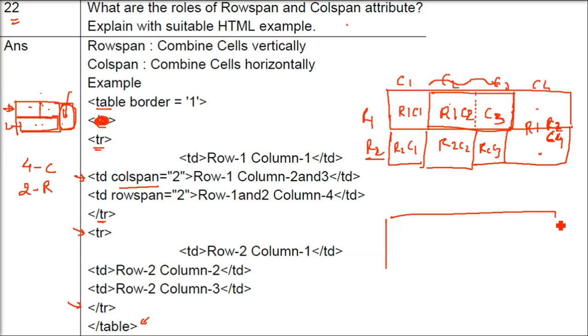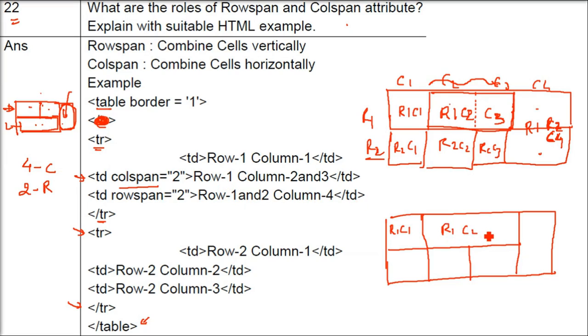So let me make it final, how this example is going to be seen. It will be like this. This will be row 1, column 1. This whole will be row 1, columns 2 and 3. This will be rows 1 and 2, column 4.